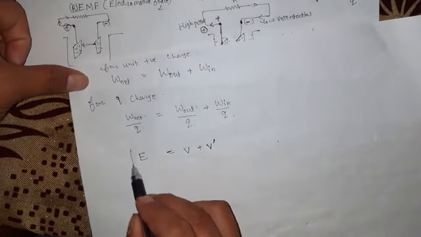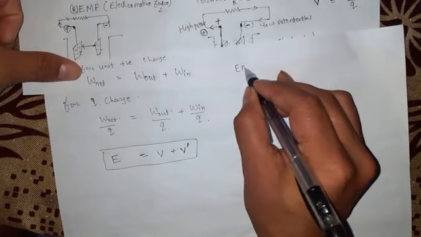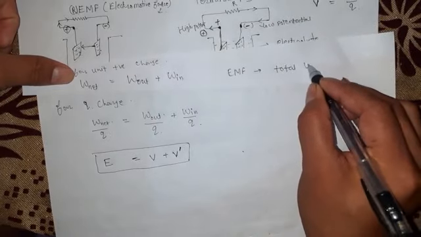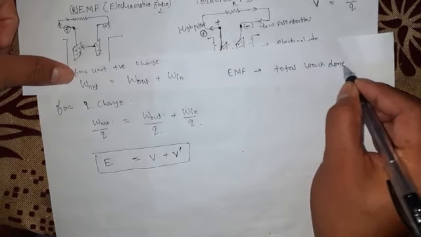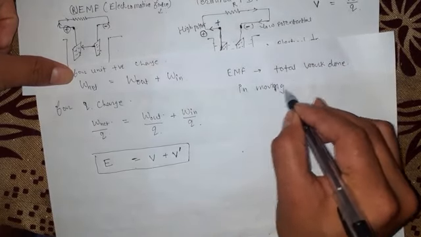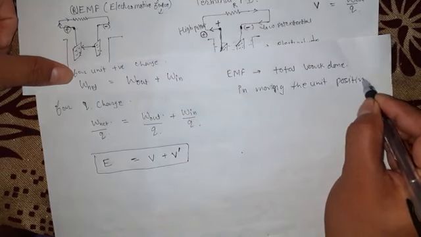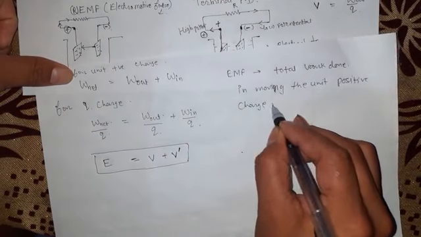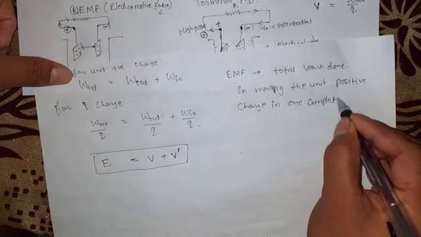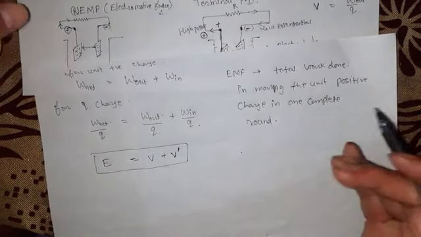So this is the EMF. What is EMF? It is the total work done in moving a unit positive charge in one complete round, inside and outside the cell.